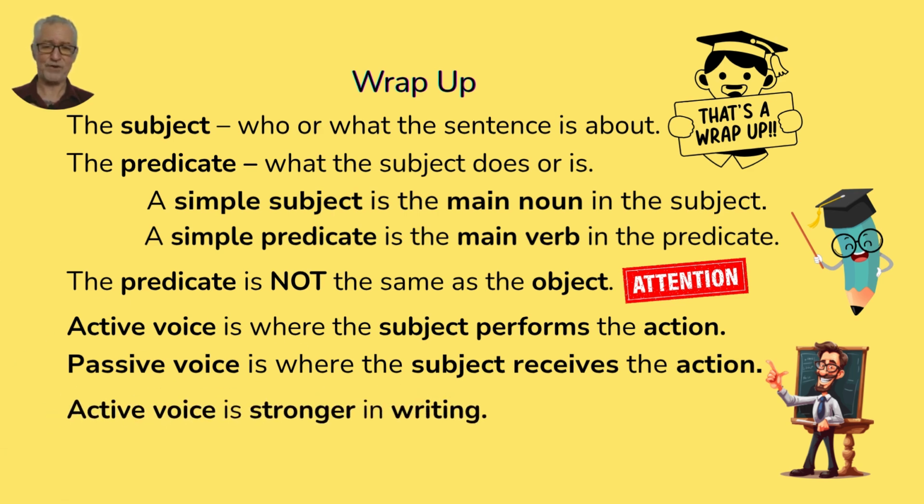Remember, active voice is stronger in writing. We want to use active voice as much as possible and only use passive voice if you are aware of it and you know why you're using it. We really want to use active voice because it's stronger, clearer, and it actually is more authoritative than passive voice.